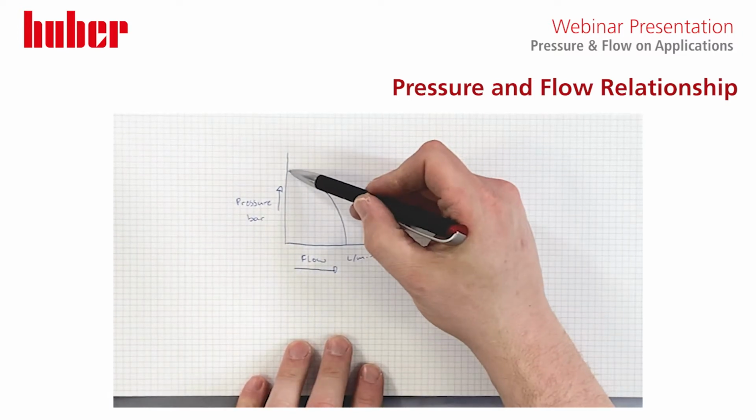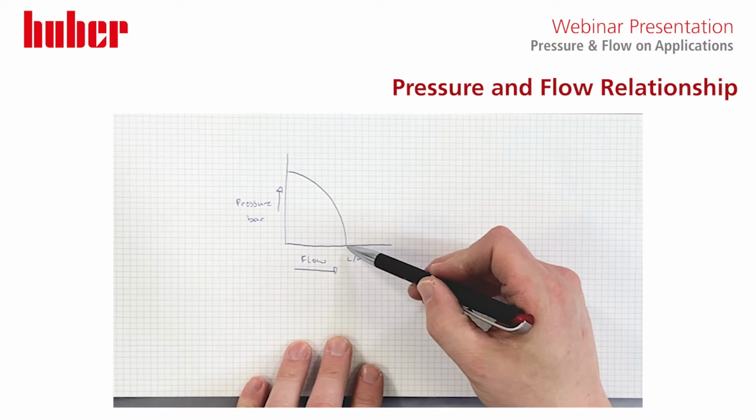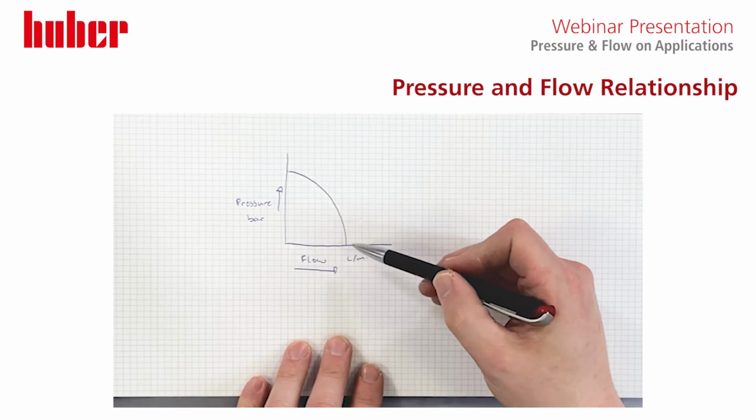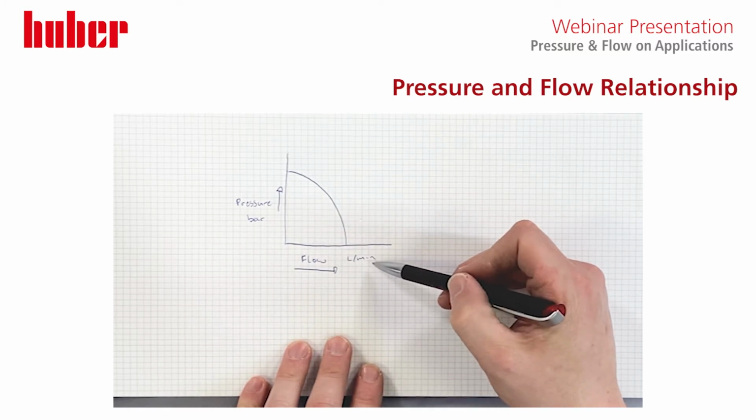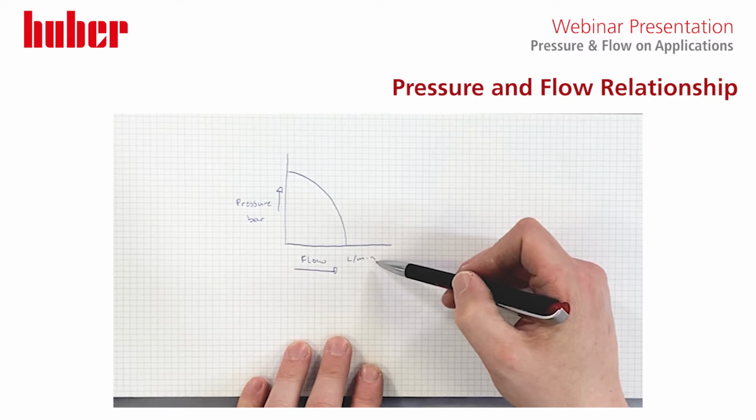So obviously the higher the pressure, the lower the flow rate. So you'll see a common factor in a lot of Huber units is we go for low pressure pumps with regards to high flow rates so that we get efficient cycling of the thermal fluid in the system.